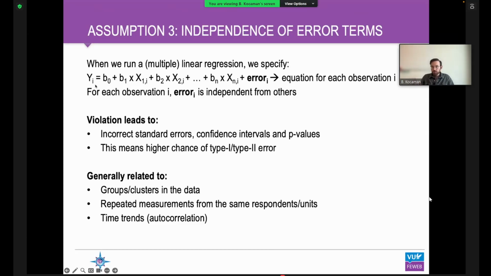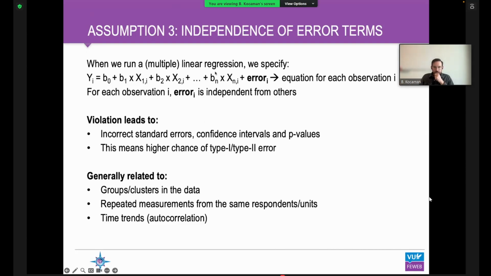If you ask in a survey 10,000 people, you can write the regression line for the first person, the second person, etc. But what the independence of error terms means is that this error i, for each individual or for each observation, is independent from the others. My error term is independent from the error term of another respondent.